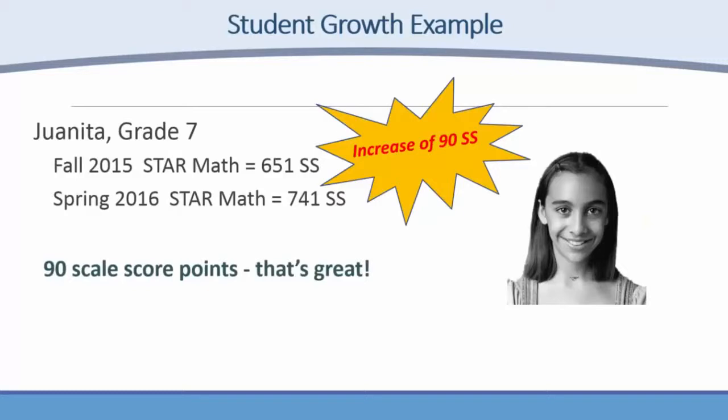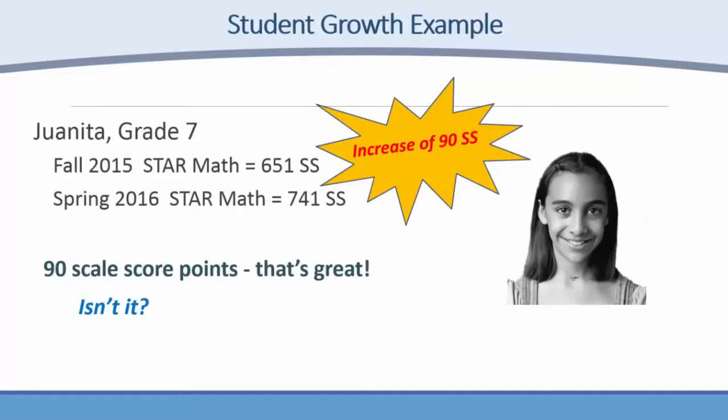That's great, isn't it? That's a great question. How do we decide if Juanita's 90 scale score points is good growth, bad, or average?